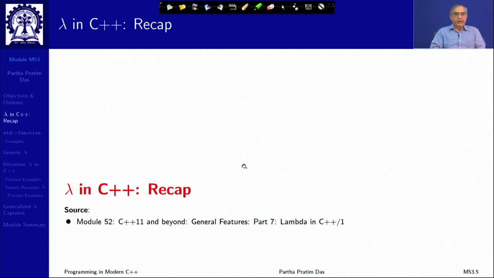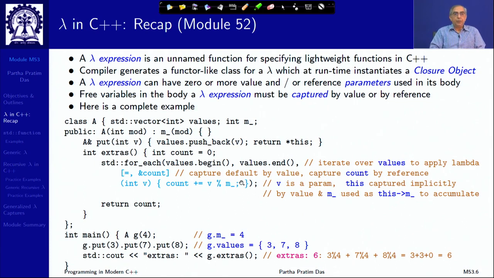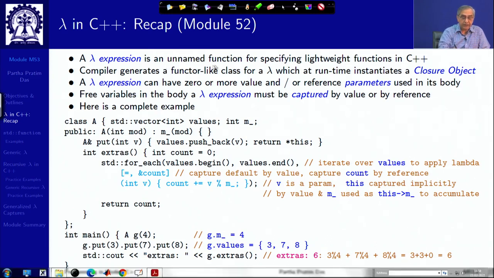Before we start, let me give a quick recap on what we have learnt in terms of lambda in C++. This is what was done in module 53. A lambda expression is an unnamed function for specifying lightweight functions, and for this the compiler generates a functor-like class, for which at runtime an instantiation is created, a function object called the closure object.